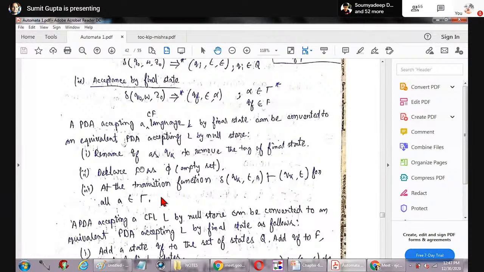Secondly, we are making capital F null, that is phi, and at each transition function QK epsilon A, if there is some value on the stack, that has to be removed for each transition. Okay, got my point? What I'm saying? Are you understanding? Theoretically, are you understanding?